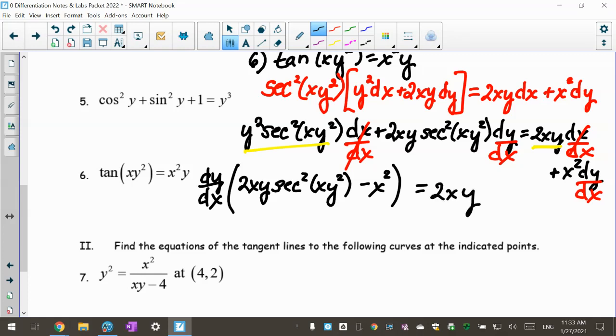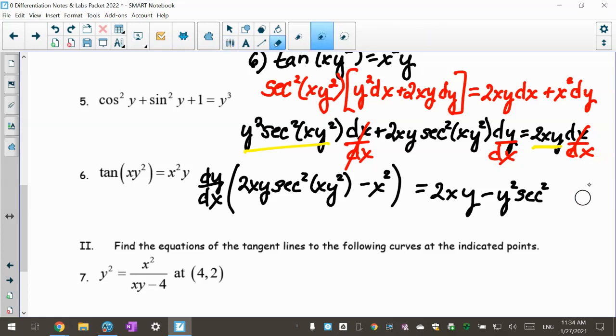And then I'm going to move this y squared secant squared xy squared over on the other side. Y squared secant squared xy squared. Okay, so I just got them all isolated that I want, and now I'm going to divide by this glop.